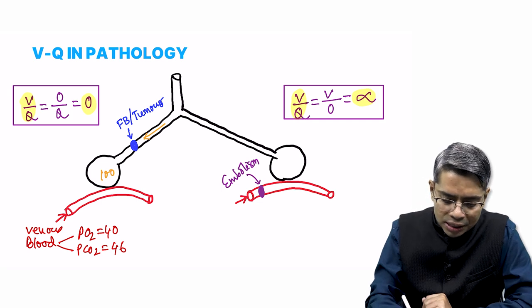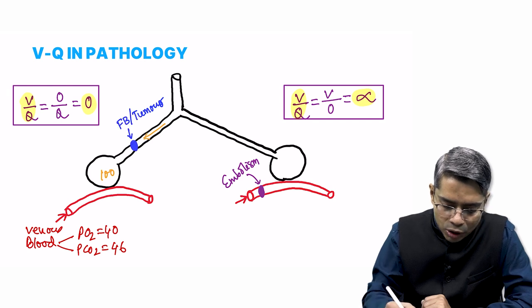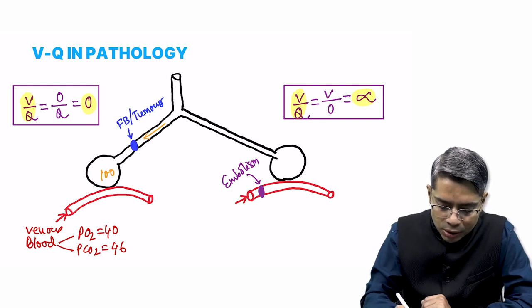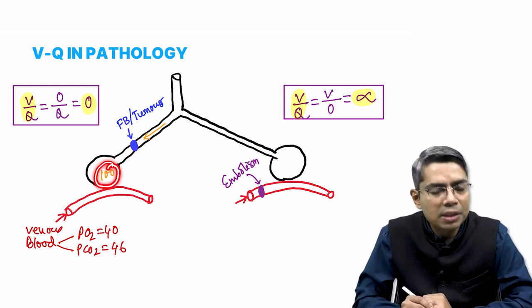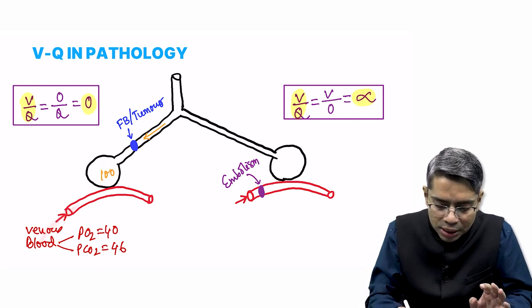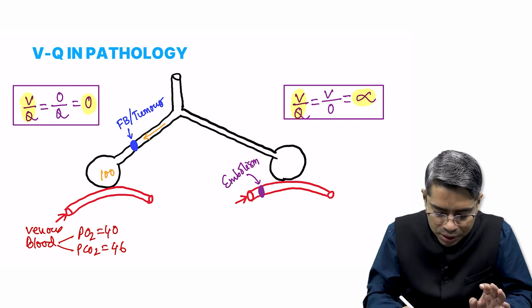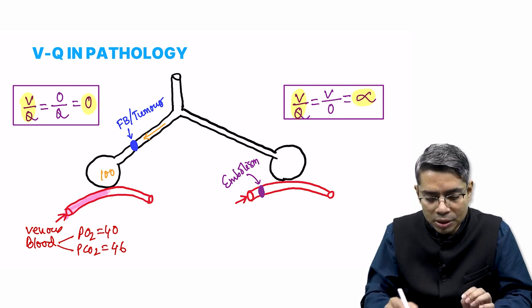So initially, suppose the obstruction has happened just now. What is going to happen? The partial pressure of oxygen in this alveoli is still 100 millimeter of mercury, and the venous blood which is reaching here, what is the partial pressure of oxygen in that? That is 40 millimeter of mercury.